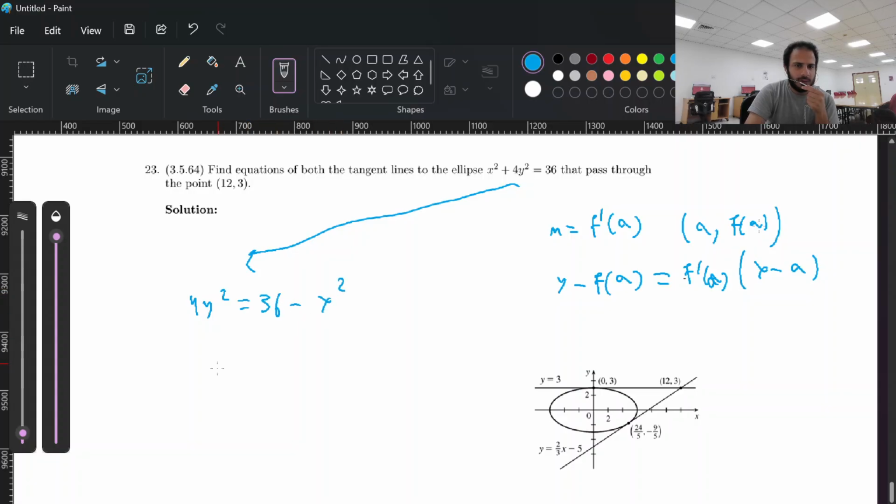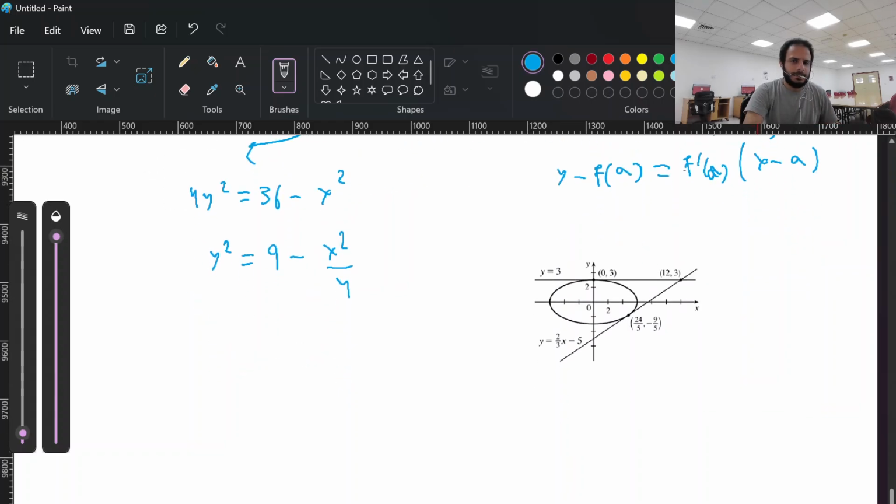Then divide by 4. We have 36 over 4 is 9, minus x squared over 4. And then square root everything. No need for square root. It's easier to keep it as this, because when you put square root, you need to put plus or minus. Yes, you're good. So keep it like this.